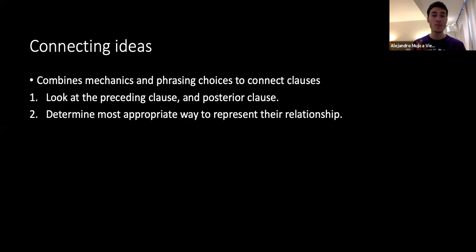But apart from representing it mechanically, we represent it verbally too by phrasing choices that you'll get, like after the comma, or generally after the comma, to sort of set up that transition between the two ideas, like conjunctions, for example. Okay, anyone else or anyone have any questions about connecting ideas? Okay, goody, let's move on.